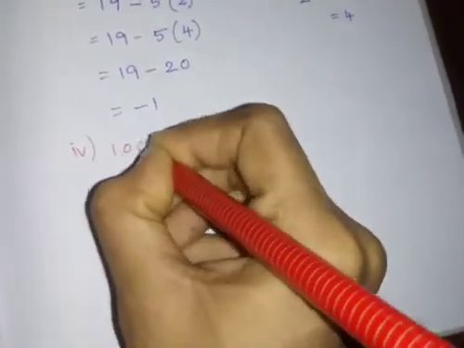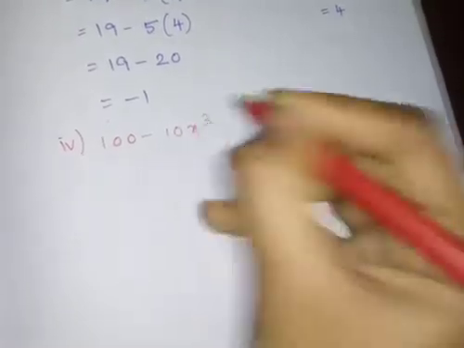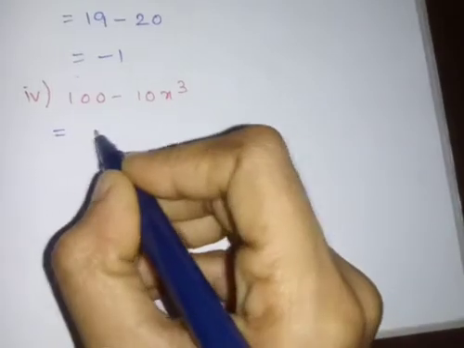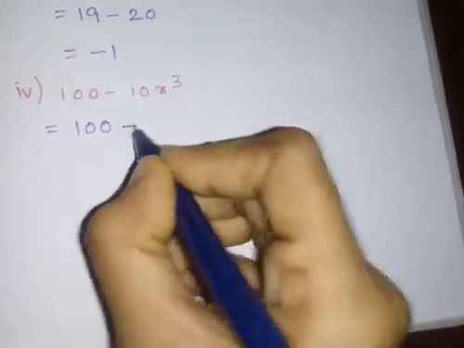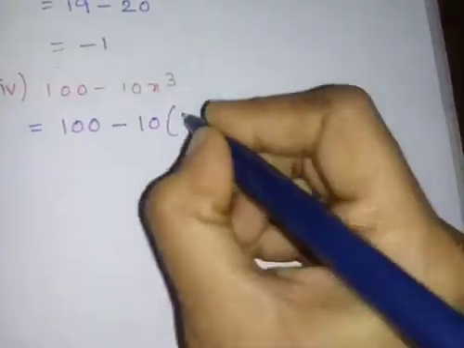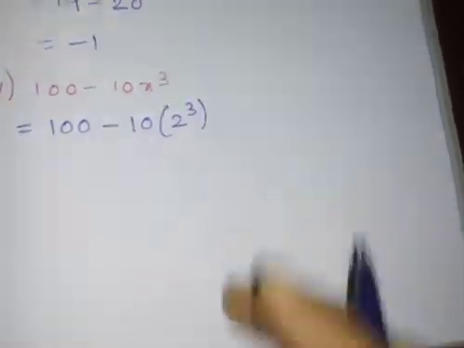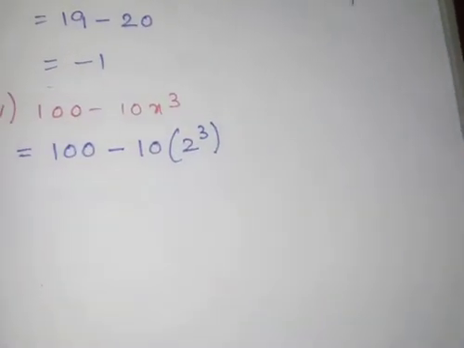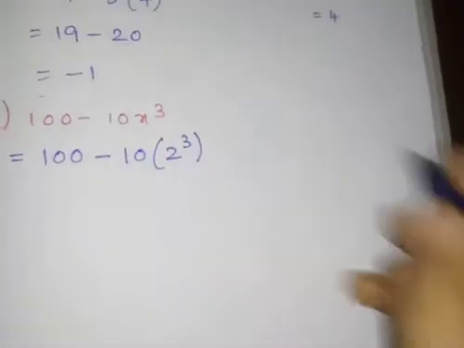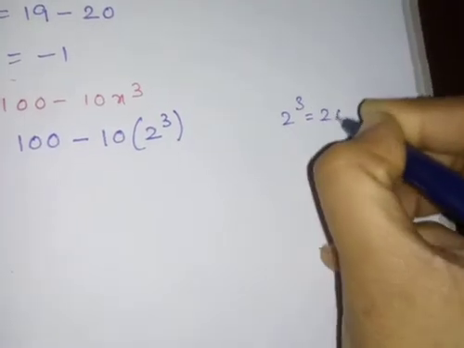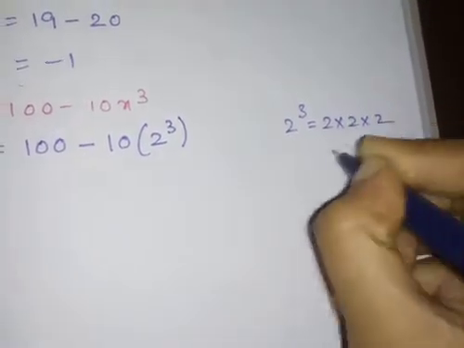Next problem, the fourth: 100 minus 10x cube. What is the value of x now? 2. So 100 minus 10 into 2 cube. What is the 2 cube value, children? 2 into 2 into 2. 2 2s are 4, 4 2s are 8.